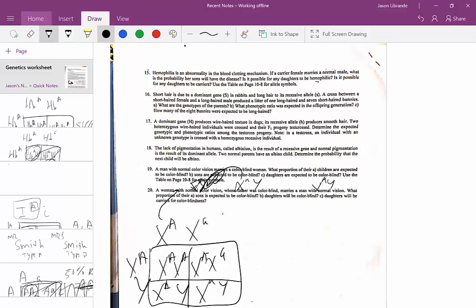Okay, so what's the proportion of sons that are expected to be colorblind? So 50% of the sons are colorblind. It looks like daughters 0% colorblind.